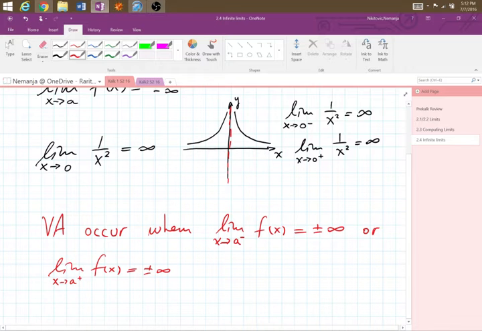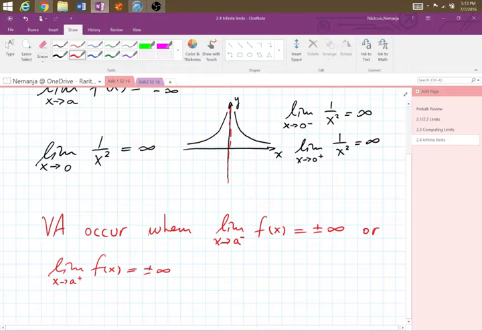Now, in both of these cases, from the left and from the right, when we get one of these infinities, the limit still does not exist. We label it as the limit is infinity or negative infinity, but the limit does not exist in the sense that it's not a finite number. So the limit exists when it's, let's say, a half or a 5.